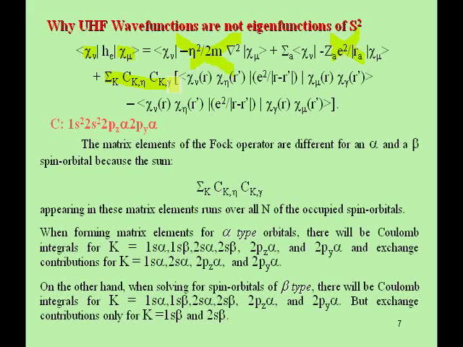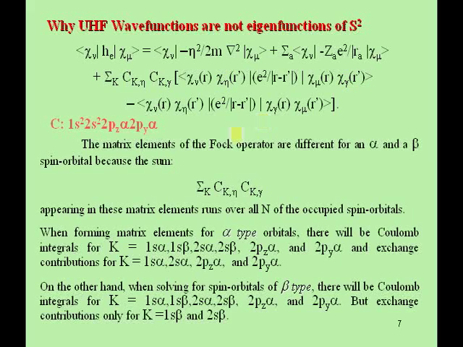In the two-electron integral here, let's just consider this Coulomb integral. This chi nu and chi mu are by assumption alpha, because we're forming the alpha block of this Fock matrix. So if chi nu and chi mu are alpha, then chi eta and chi gamma can be alpha or beta, and the spin won't kill this integral.